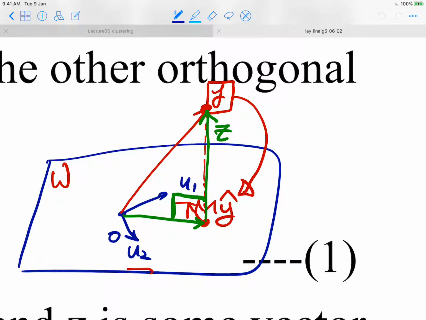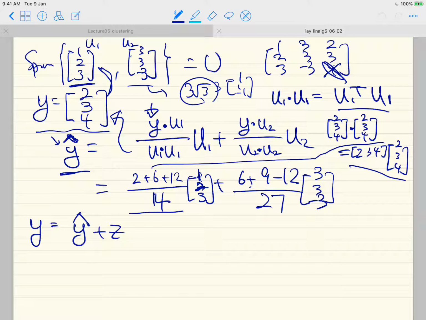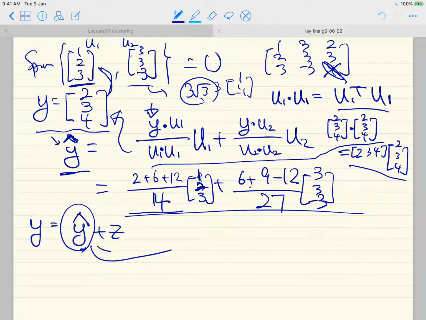And z is perpendicular, or orthogonal, to our subspace. Let me prove this, and our y hat is anyways a linear combination of u1 and u2. Is it right?